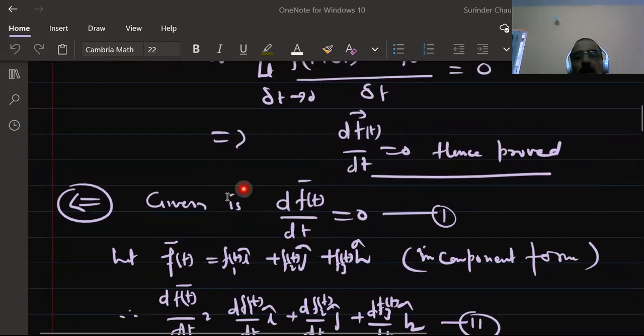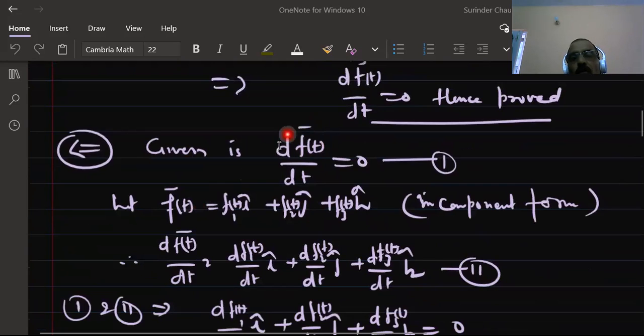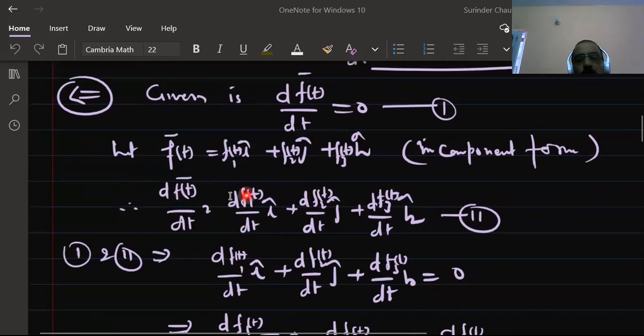Now the sufficient part: if the derivative of a function is 0, then we'll prove that f(t) vector is a constant vector function. Let us write this vector function in component form: f(t) vector is equal to f1(t) i plus f2(t) j plus f3(t) k. Now differentiate this with respect to t, component by component. We are given that the derivative of this vector function is 0.